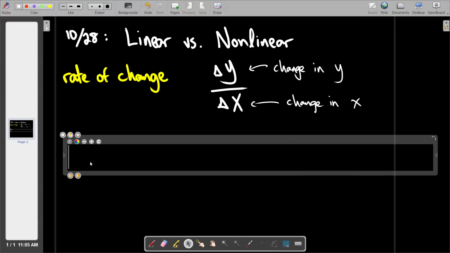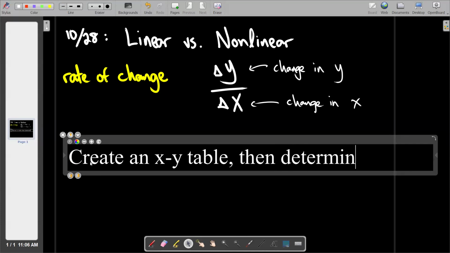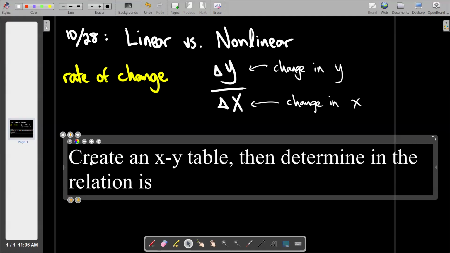So the directions are going to say: create an XY table and determine if the relation is linear or nonlinear.